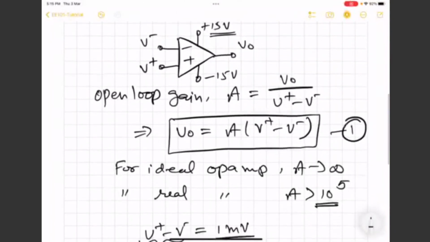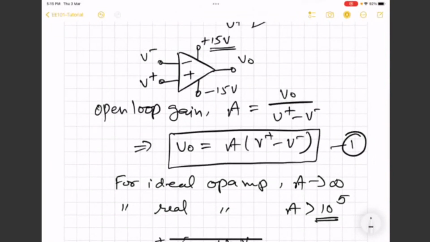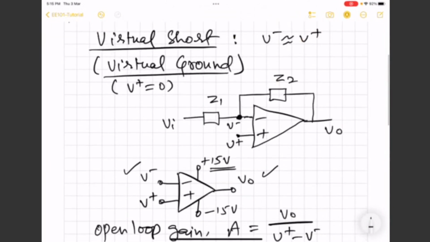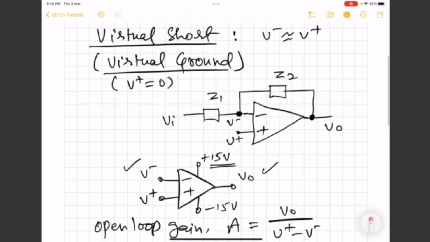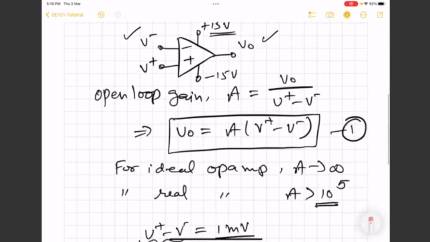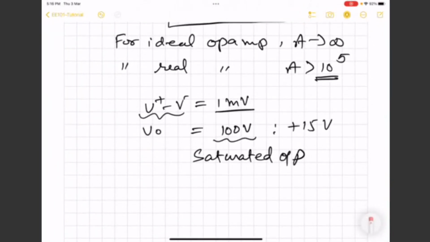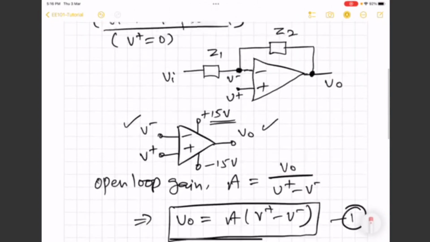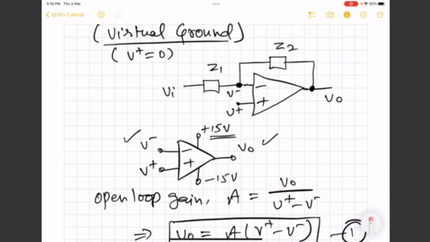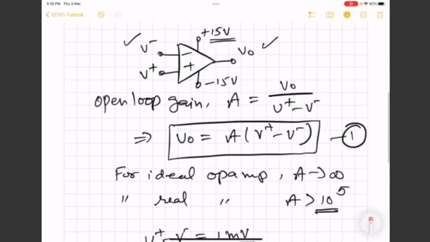Here you can see that if there is no loop connecting the output to the input, say output to V minus, as is the case in the first figure where the output is connected to V minus through Z2, then equation 1 will always be valid, and whatever small input is there will be amplified to a very large extent. But now for figure 1, let us try to find the relation between V plus and V minus. Of course, we will keep in mind that A, the open loop gain, is very large.